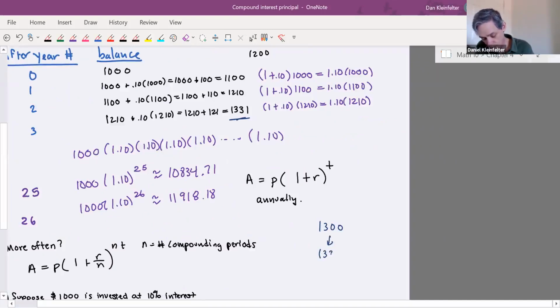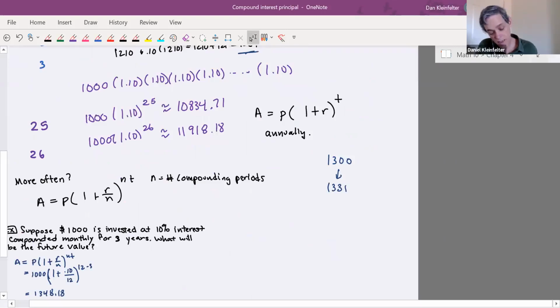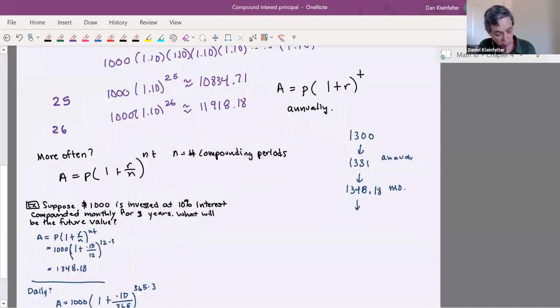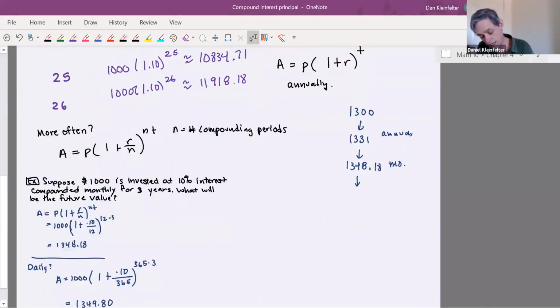And then if we went to monthly, we saw that it goes to 1348.18. Let's see, this is annual, monthly. If we go to daily, we saw that it only ends up being 1349.80.